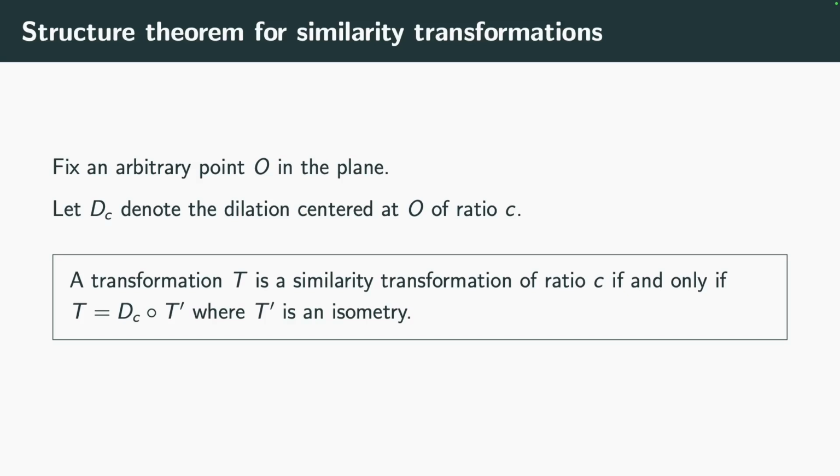And now we have this important fact that any similarity transformation of the plane of ratio c is obtained as the composition of a dilation centered at O of ratio c with some isometry. So this means that once you understand isometries and you understand dilations, then you understand all the similarity transformations.